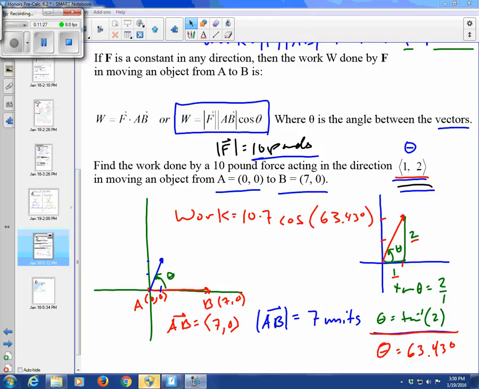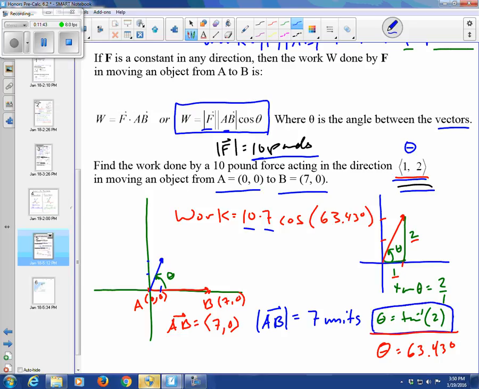All right, guys, so looking at this one, we've got the magnitude of our force right there. We've got the magnitude of our distance, and we've got cosine of 63 degrees, which is our inverse tan of 2.